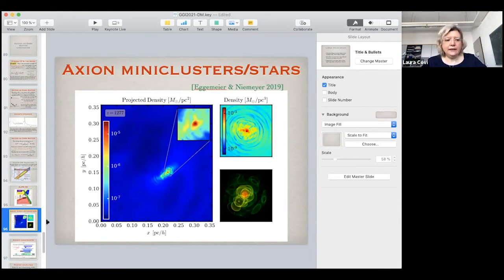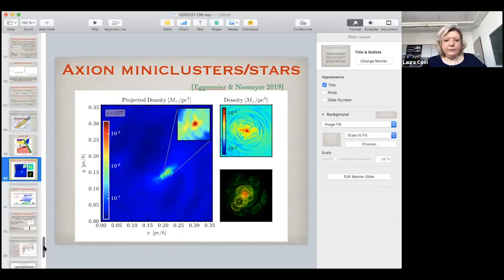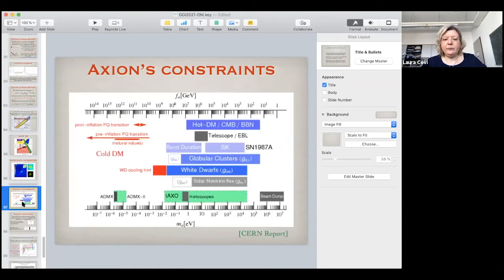Okay. And then I have a plot which tells you a little bit about the constraints on this f_a for the axion. So here you have again the axion scale in GeV. On the lower axis you have the mass, and the relation between them is always connected to Lambda QCD. So you see that for large masses, or for low values of f_a, of course you have a lot of constraints, and you have also some experimental bounds.